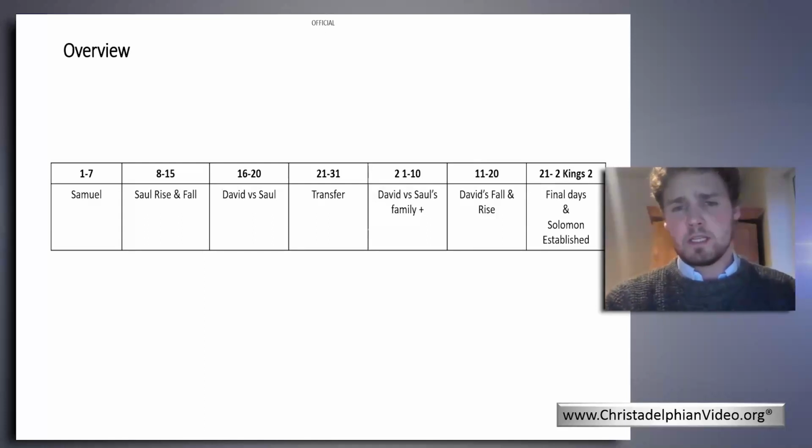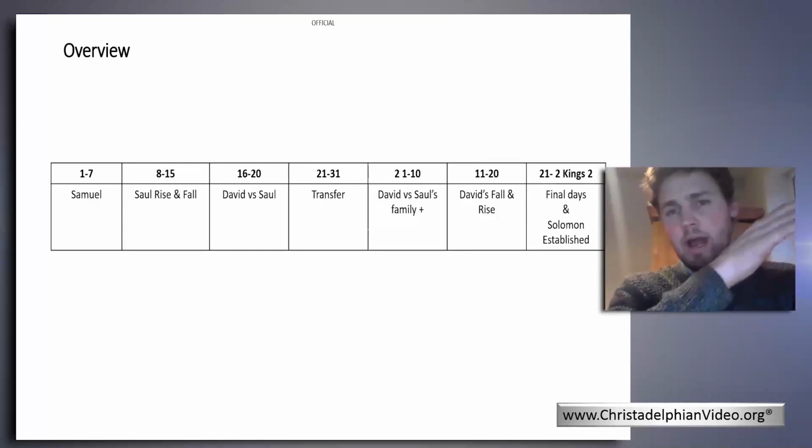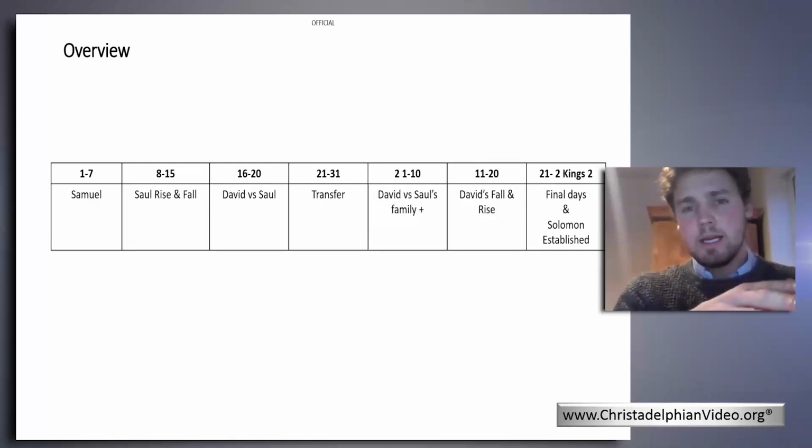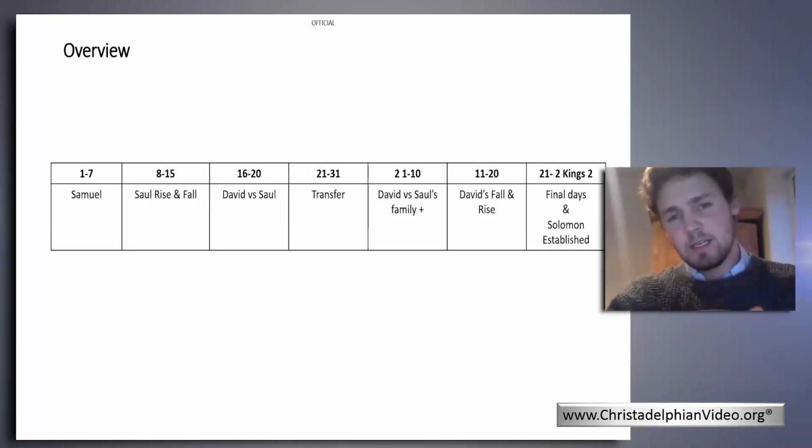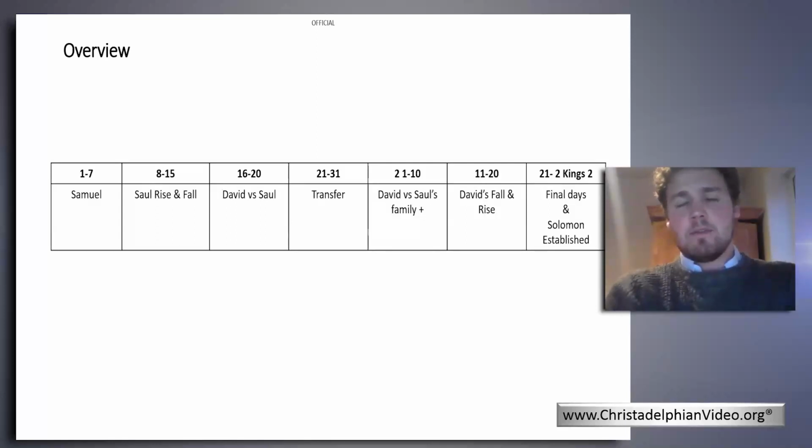Before then, we move to what I'm going to propose as the central section of the two books, which deals with the transfer between David and Saul. We can imagine a graph with Saul's reign going down and David's reign going up, and the graph meets at the point where David's life is really lowest, in and around the passage that we've just read.